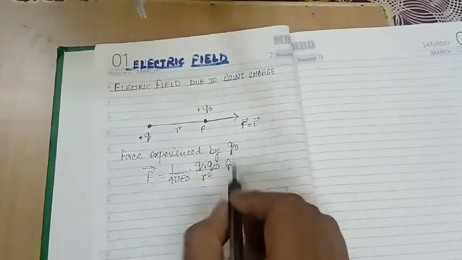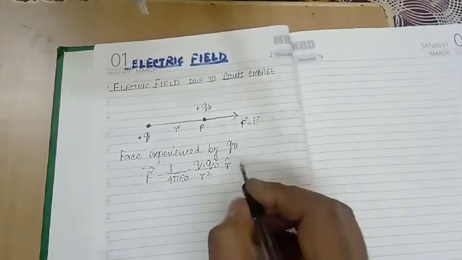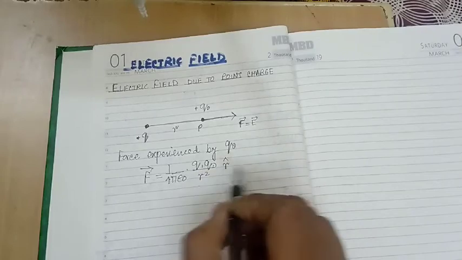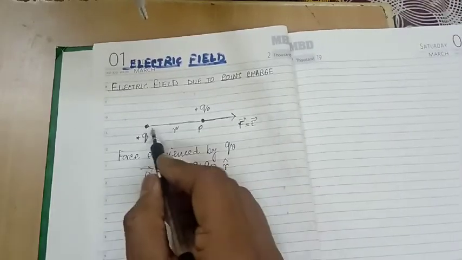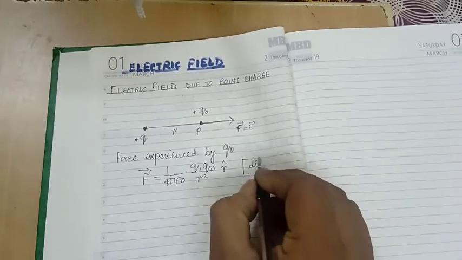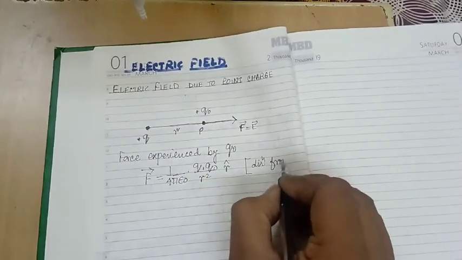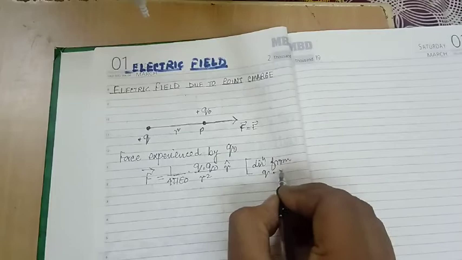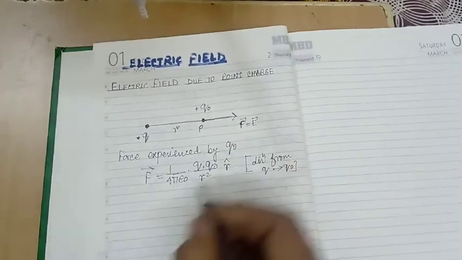This we have found by Coulomb force. This is the unit vector and its direction will be from Q to Q naught.